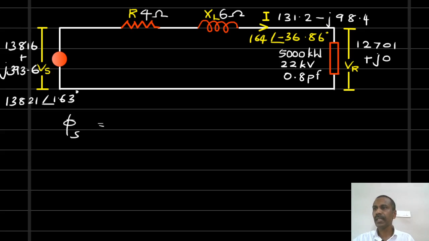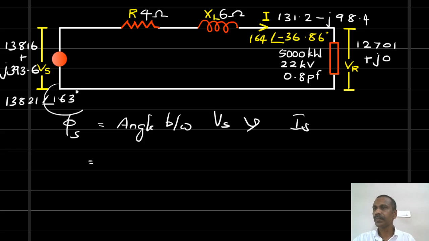The sending end phase angle is equal to the angle between Vs and Is. What is the phase angle of Vs? It is 1.63 minus the angle of sending end current, which is same as the receiving end current, minus 36.86.